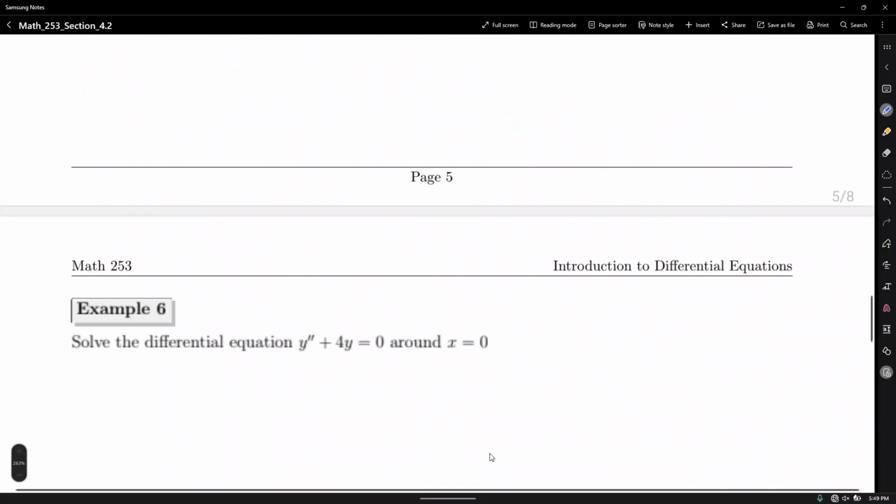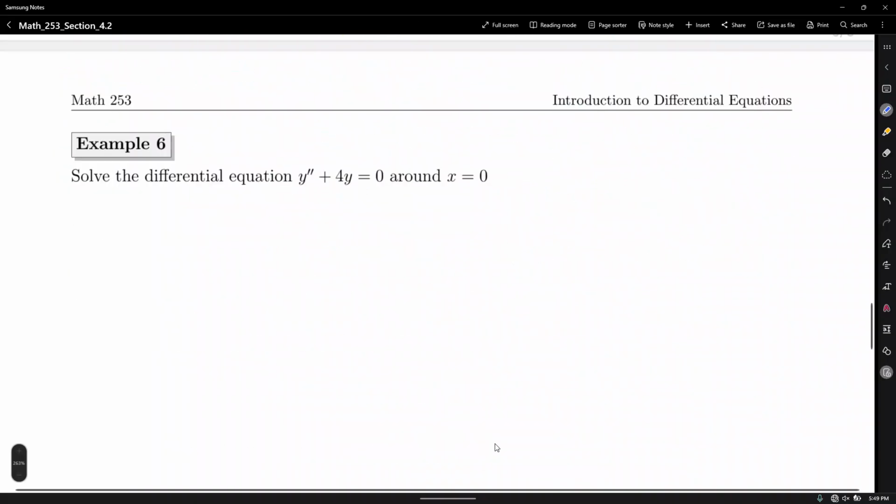For the next example, solve the differential equation y double prime plus 4y prime equals 0 around x equals 0. Guys, come on. We can solve that equation using the three cases. This is actually y equals c1 cosine 2x plus c2 sine 2x.